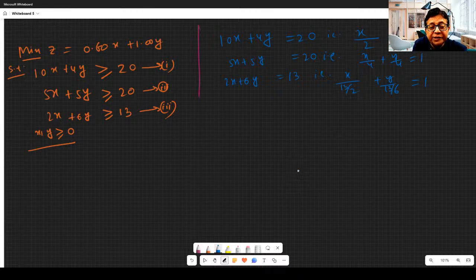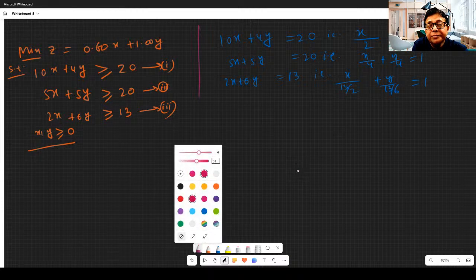First graph is very easy. Let me do it. I'm going to plot. This is the x-axis, we take this more prominent.